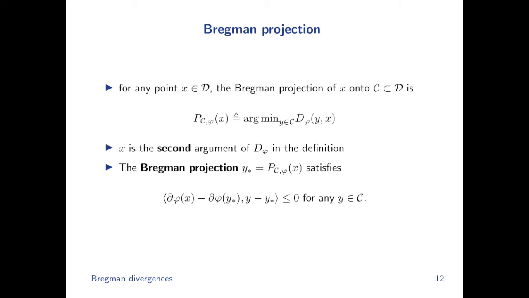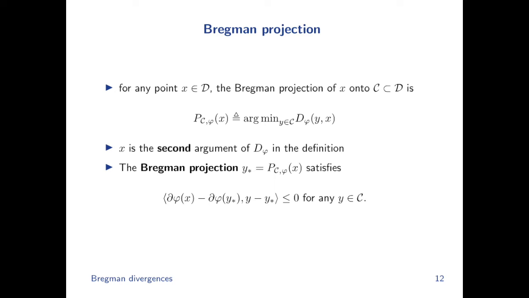If you do this, you get what's called a Bregman projection, and it's defined exactly the way that you think it is. If you give me a point x, I want to project x onto, let's say, a set C, then the projection is simply the closest point in C to x, where close is defined in terms of the Bregman distance.